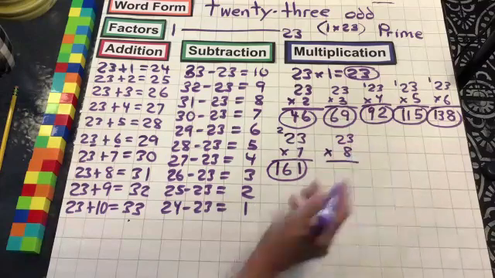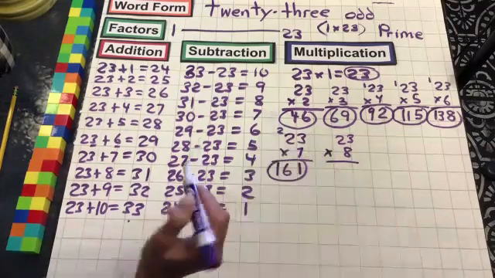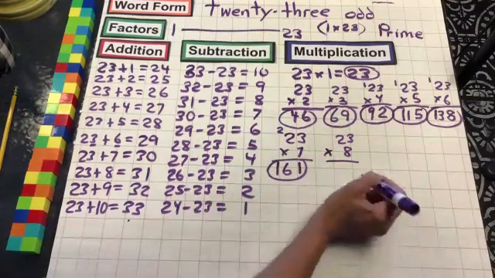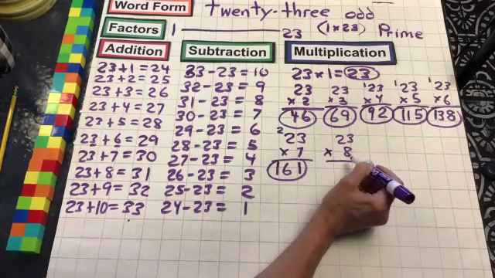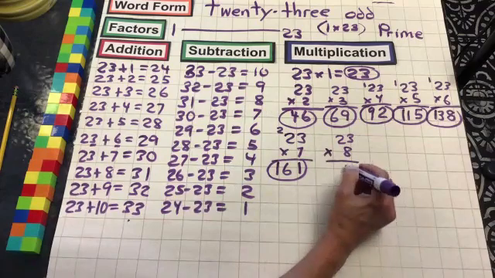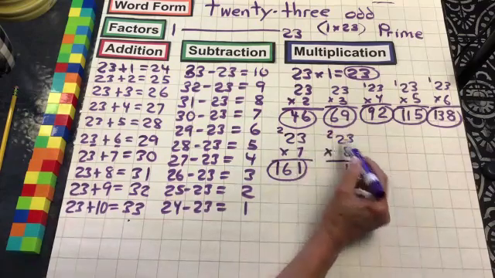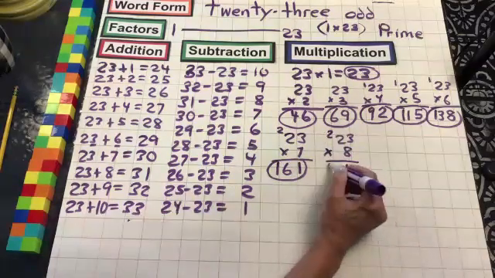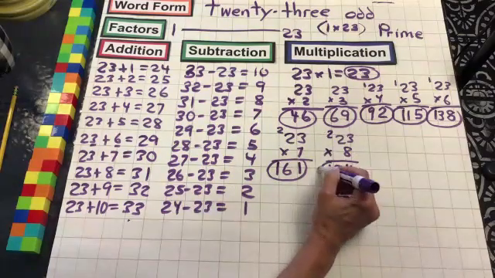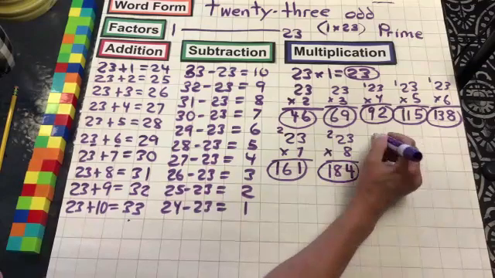So basically, this is a fast way of adding. Instead of writing 8 23s down and trying to add them up, this is the faster way. We always want to go the easy route. 8 times 3 is 24. We drop the 4 and carry the 2. 8 times 2 is 16, plus 2 more is 18. So 8 23s is 184.